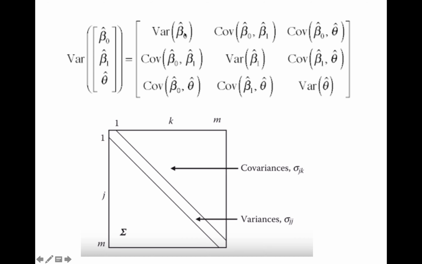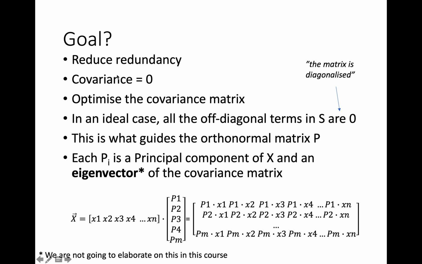So here I have, in other words, the variances in the diagonal, the covariances in the off-diagonal. So I look at the variations. Of course, each mean has a variance around it. So these are those variances, but we're also interested in how they co-vary with each other to find redundancies.